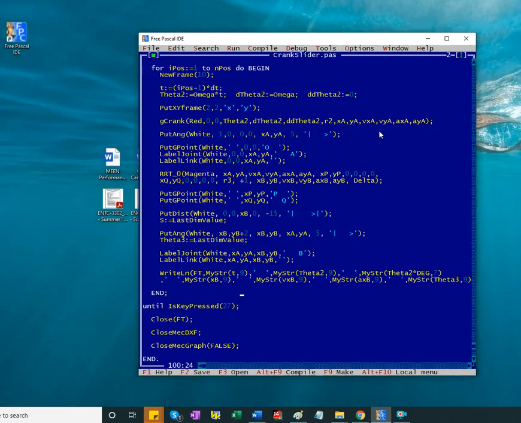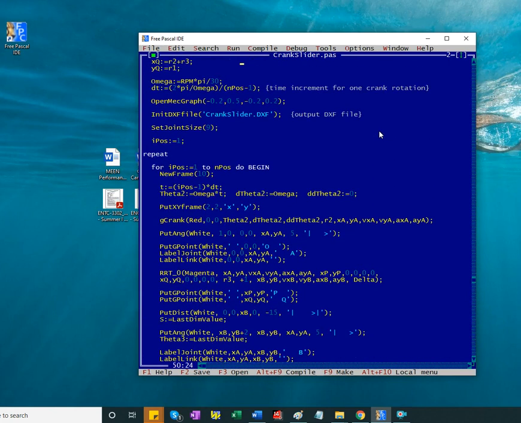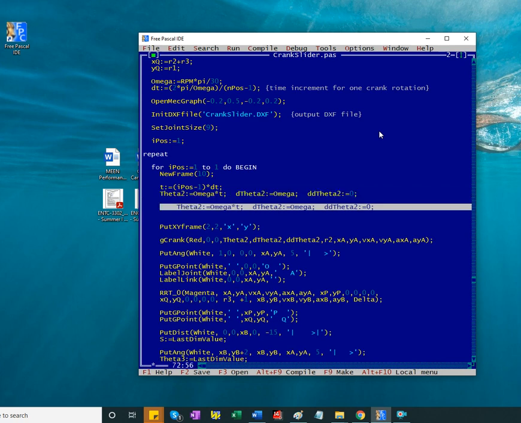If you want to show the mechanism in just one position and take it to AutoCAD, you can go from 1 to 1, so the for loop is just one loop, and then set theta 2, the crank angle, to the angle that you want.